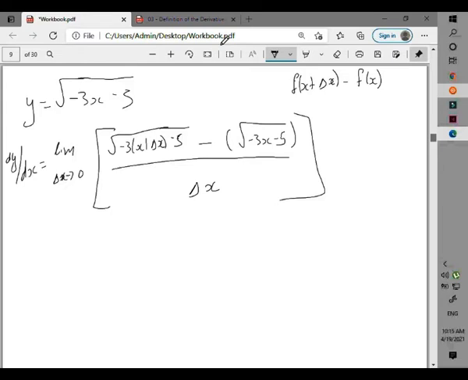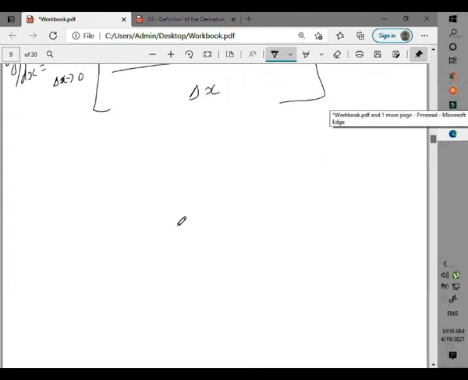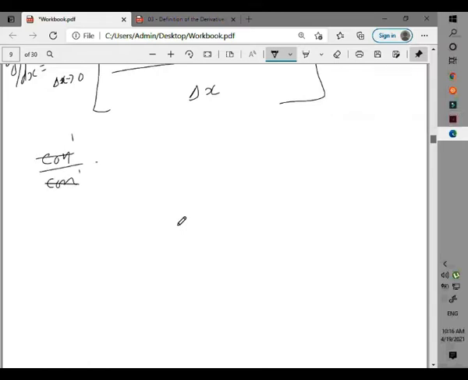Now, in order for you to solve this problem, you need to use the conjugate of the numerator. To explain this, con over con, if we cancel it out, is equal to 1.